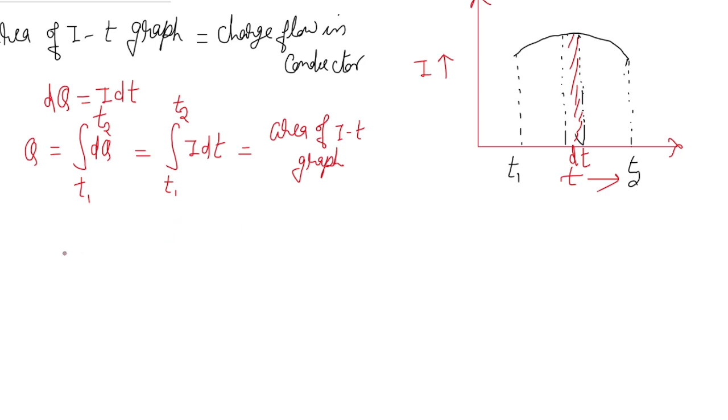But many times they may ask you for the average value of current from an I-T graph. If you have to calculate the average value of current, what will it be? The average value of current, I average, is what you wrote as delta Q divided by delta t. And delta Q can be calculated as the integration from t1 to t2 of I dt.